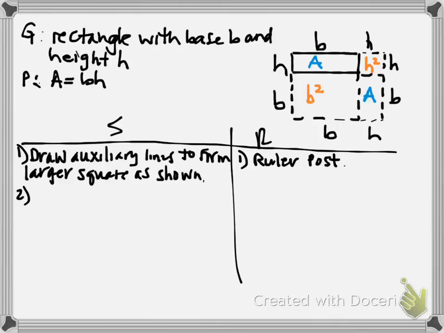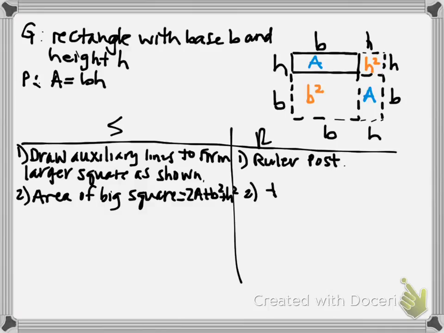Okay. This is checking. So what we're going to do is write two different ways for the area of this square. So let's do it. Area of the big square equals, well, there were two A's. There's a B squared and an H squared. That is using that area addition postulate.